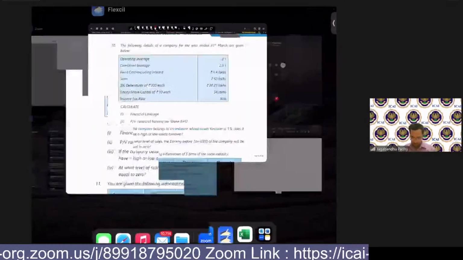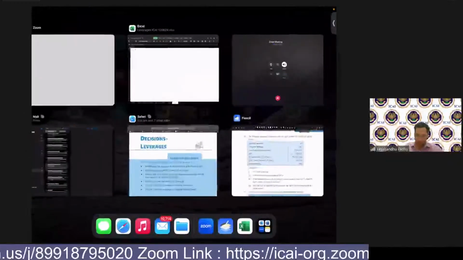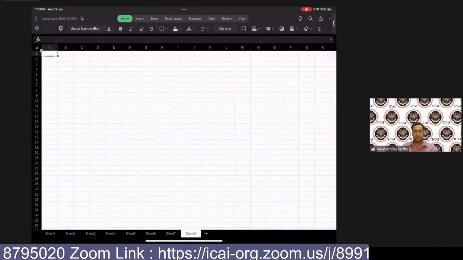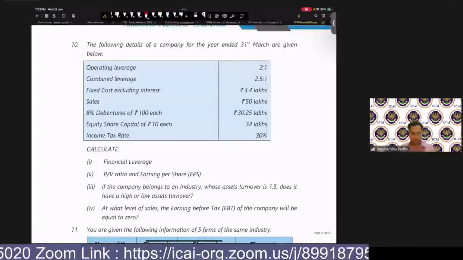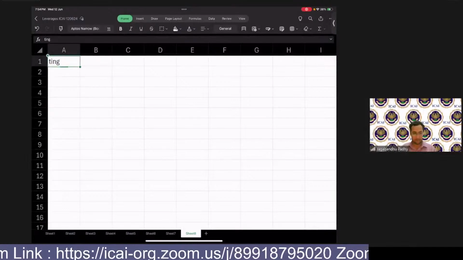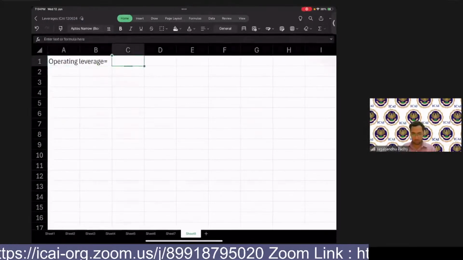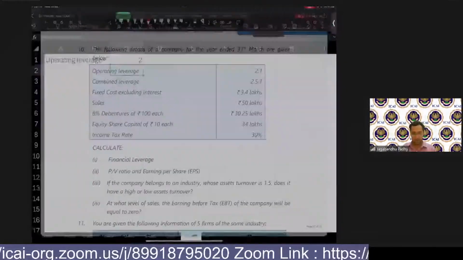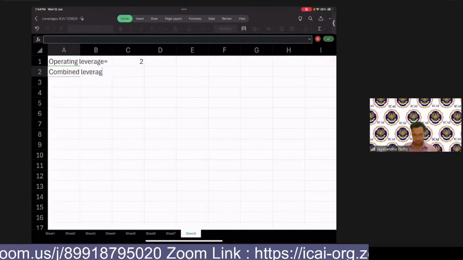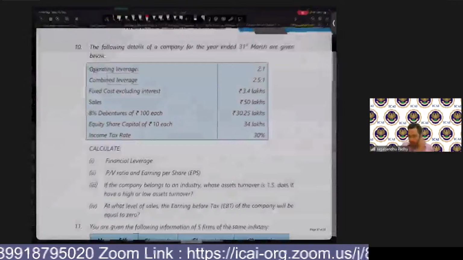In terms of basic information that we have: operating leverage is 2, combined leverage is 2.5.